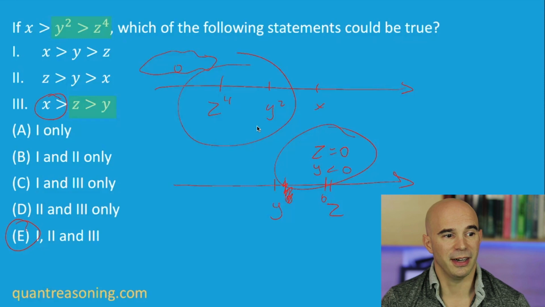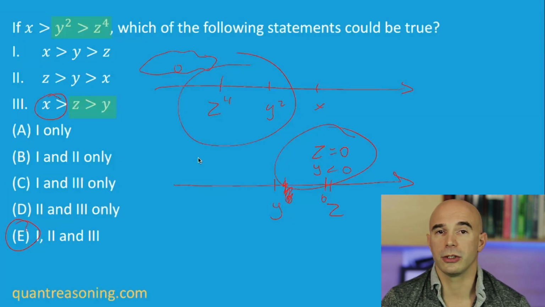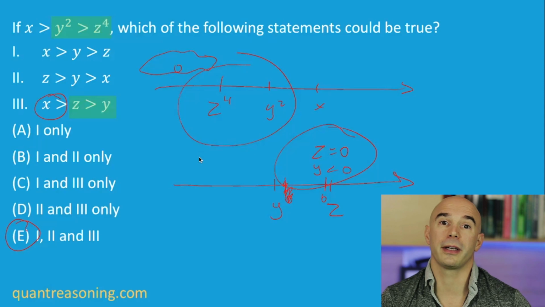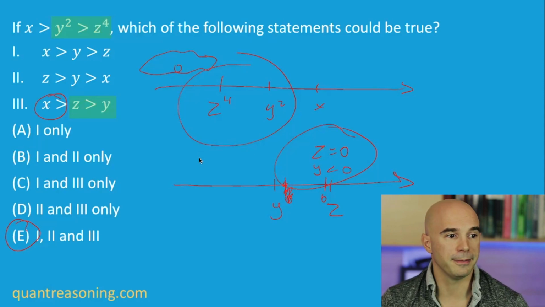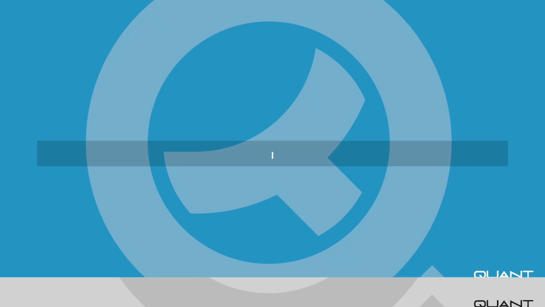Because everything you see out there in terms of test prep, at least everything I've seen, is very algebra heavy, and it kind of misses the point of the GMAT, which is to test your reasoning, not your math. So yeah, I think if you can draw such number lines and do the kind of reasoning that we did here, then this question is a question that you should solve. And if you can't do that reasoning yet, maybe a month from now you will be able to, right? I mean, that's kind of why we're here, is to improve our reasoning.